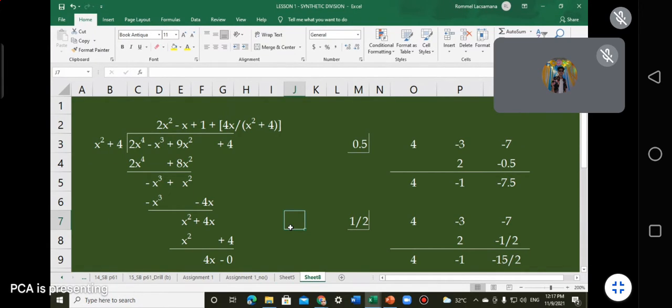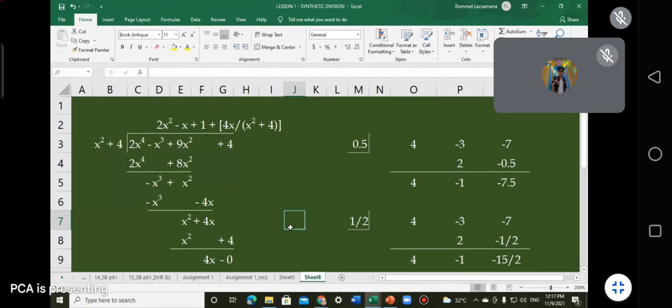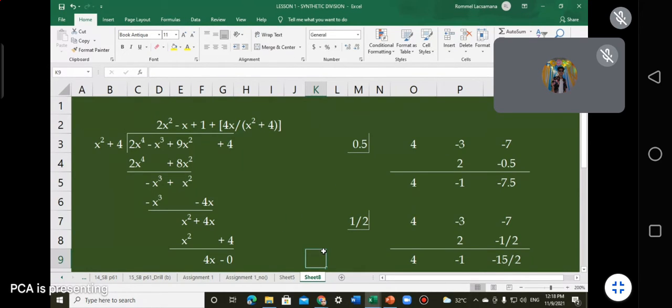Parang di tayo nagkakaintindihan, no? Achievers, where are you? Can we use synthetic? Yes or no? Saan yung mga dyan? Sagutin mo to.